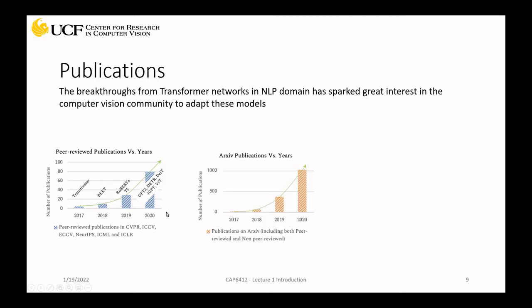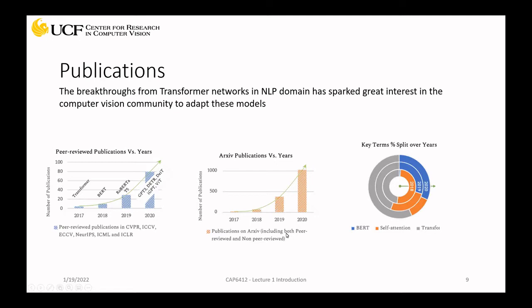Then if you look at the arXiv papers, this is also a huge increase over the years. And then if you look at the keywords, it started mostly in 2018. Mostly it was self-attention and transformer. Then BERT came in 2019, and in 2020, a lot of these transformer, and then BERT and so on. So that's the way it's going.